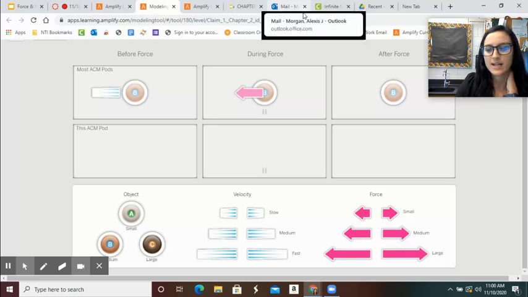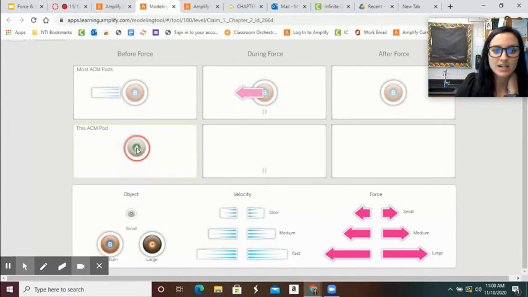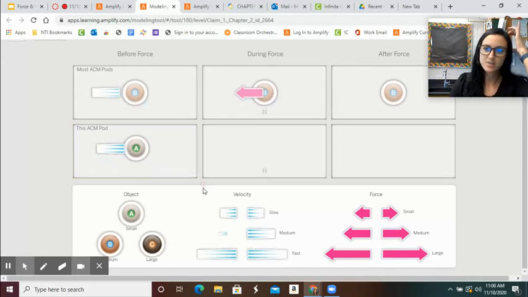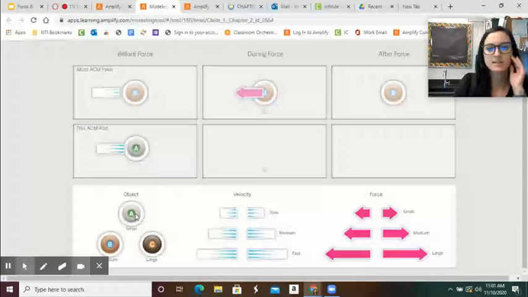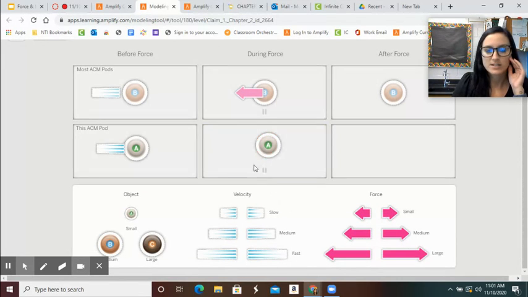And so we kind of had a class discussion about how object A is lighter, so it would be easier to change its velocity. So there I have my object A going in at medium speed, and then my object A being acted on with a medium force in the opposite direction.